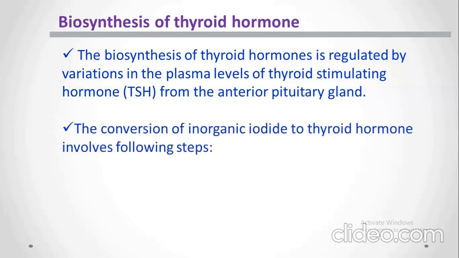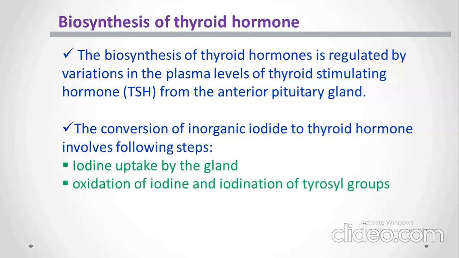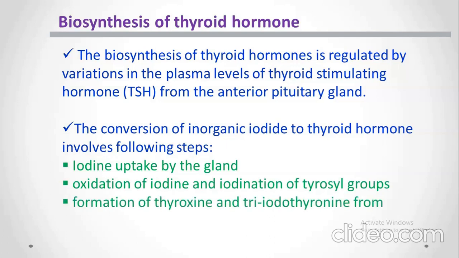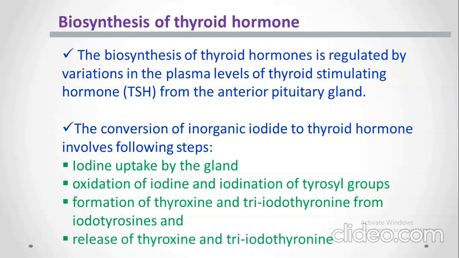The conversion of inorganic iodine to thyroid hormone involves the following steps: iodine uptake by the gland, oxidation of iodine and iodination of tyrosyl groups, formation of thyroxine and triiodothyronine from iodotyrosines, and release of thyroxine and triiodothyronine.